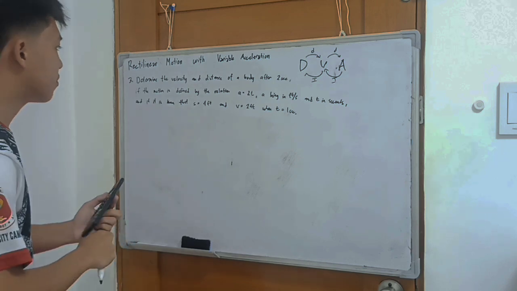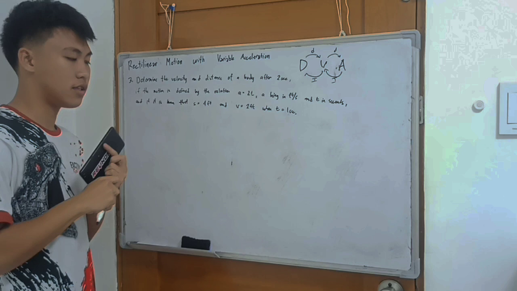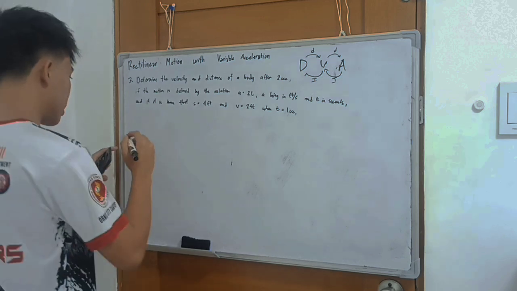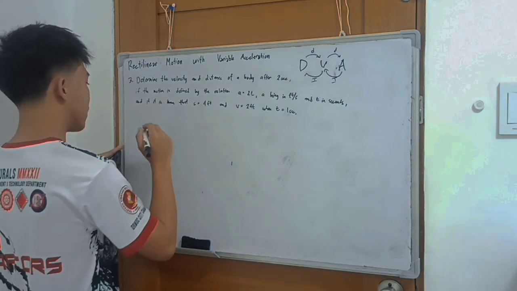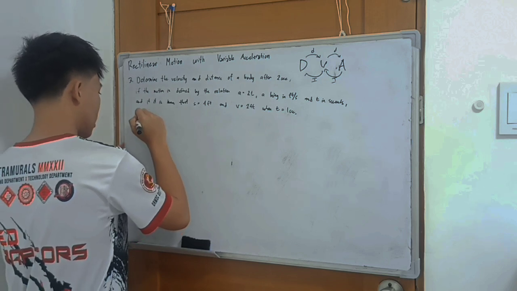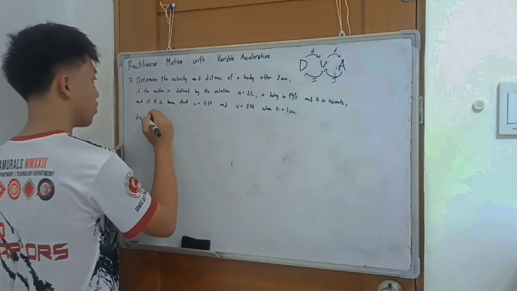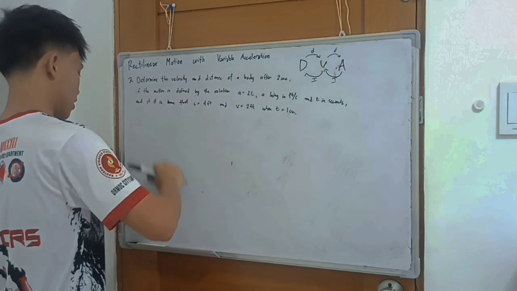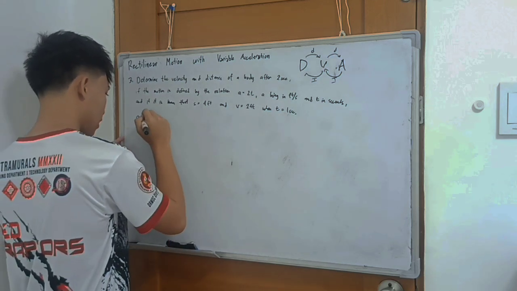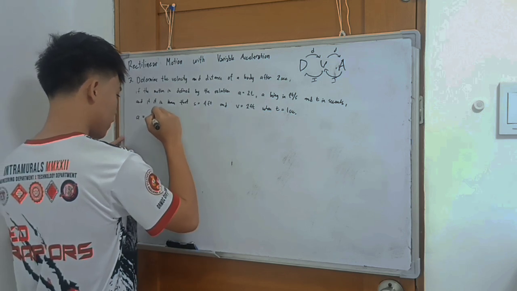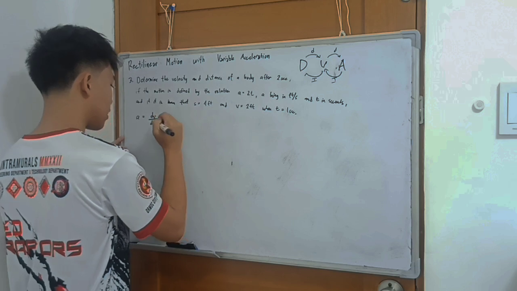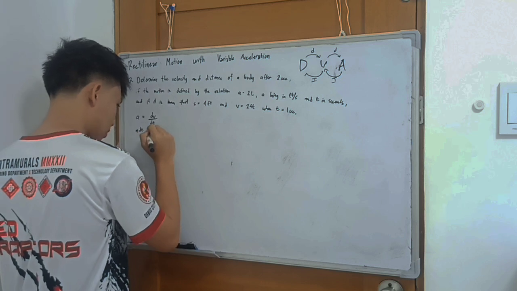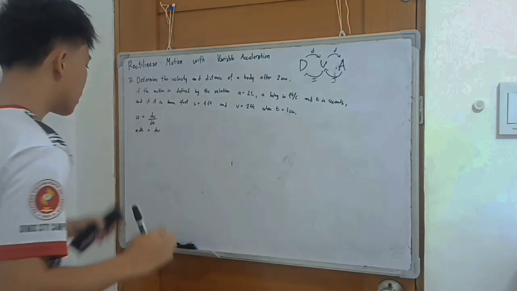So, let's start by finding the velocity. To find the velocity, we need the equation where a is equal to dv over dt. Cross multiply: a dt is equal to dv.